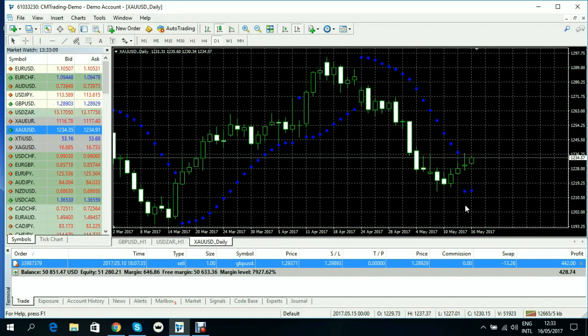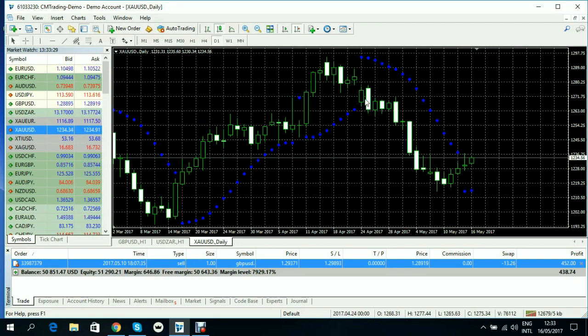For example, in the daily time frame, for gold versus US dollar, it has just started a new buy.